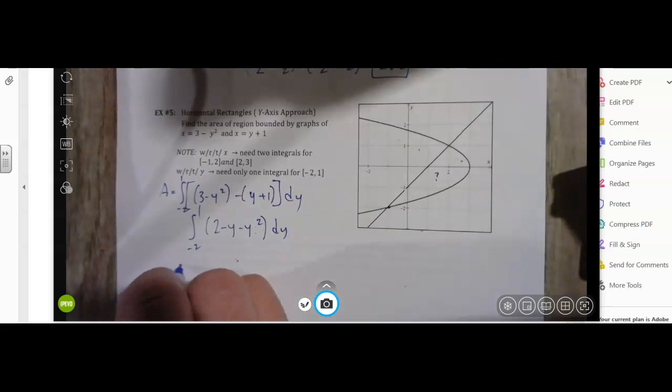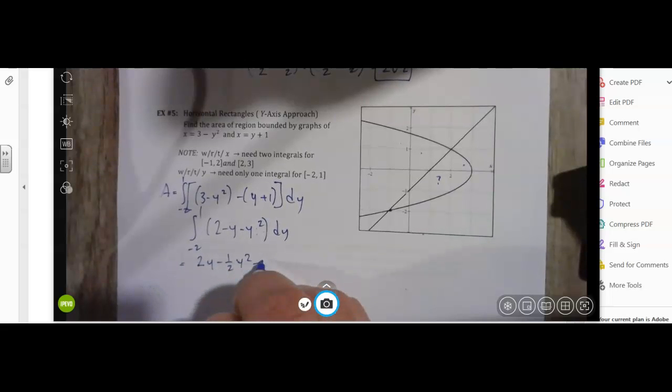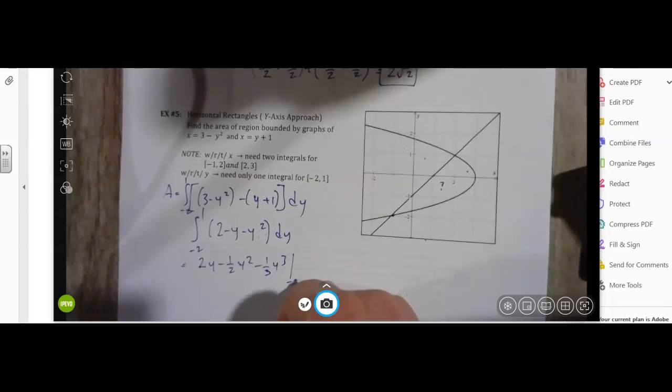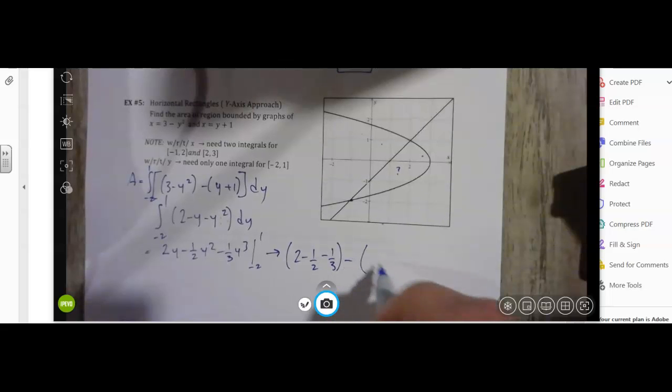Then after we integrate, we're going to get 2y minus 1/2 y squared minus 1/3 y cubed, evaluated from negative 2 to 1, which will give us 2 minus 1/2 minus 1/3 minus, now we're putting in a negative 2. We're going to get negative 4 minus 2 plus 8/3.